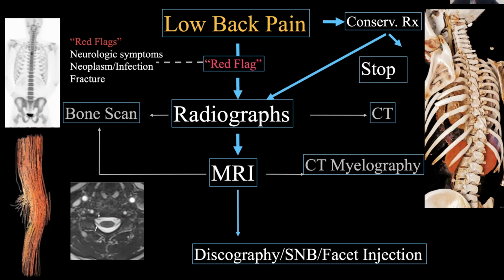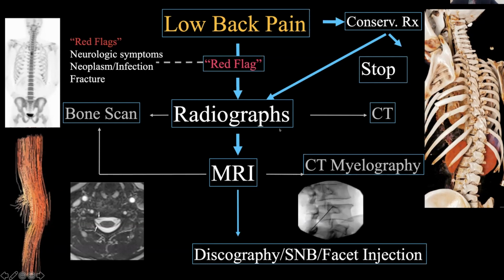So if we believe that this person has a specific pain etiology related to the facet joints or a particular nerve root resulting in radiculopathy, or potentially, again, controversially, people talk about discogenic pain or vertebrogenic pain, but discograms have kind of fallen out of favor to a large degree, but we can perform discograms, and we can also perform disc injections with steroids and so on to confirm or refute that as a site of pain. Again, very variable depending on your institution and on the opinions of the people you practice with.